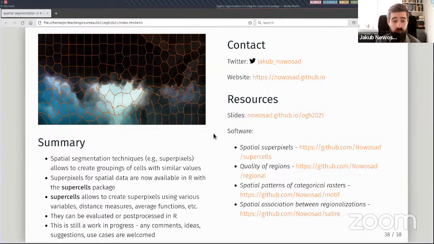And the ideas that I showed you are implemented in a few packages, but the most important here is the supercells package that allows us to create superpixels using any defined distance measure, average function, and any number of variables we wanted to use. And of course, with R, as always, we can pre-process or post-process our data if we want to do that.